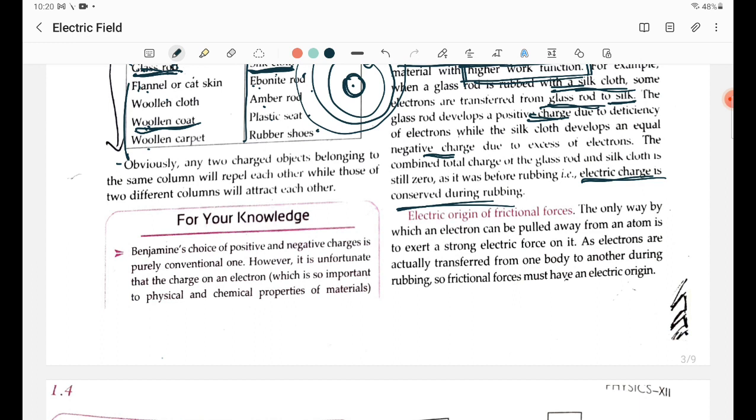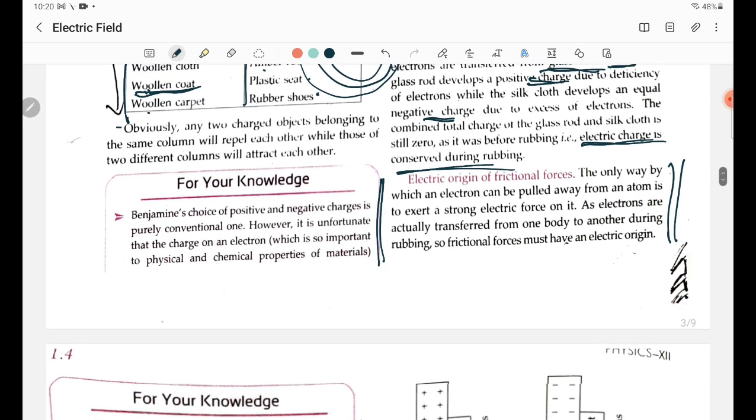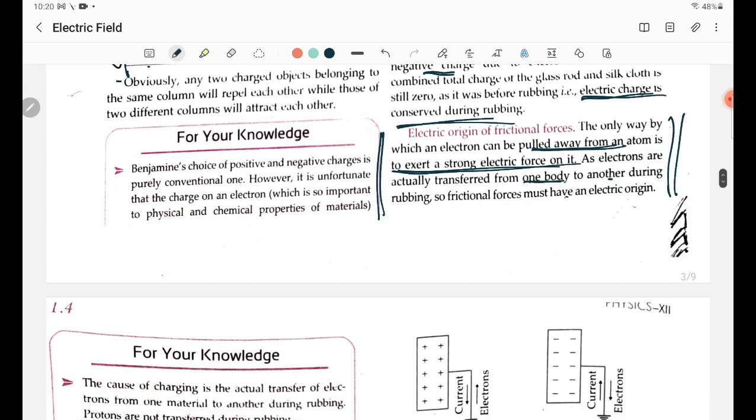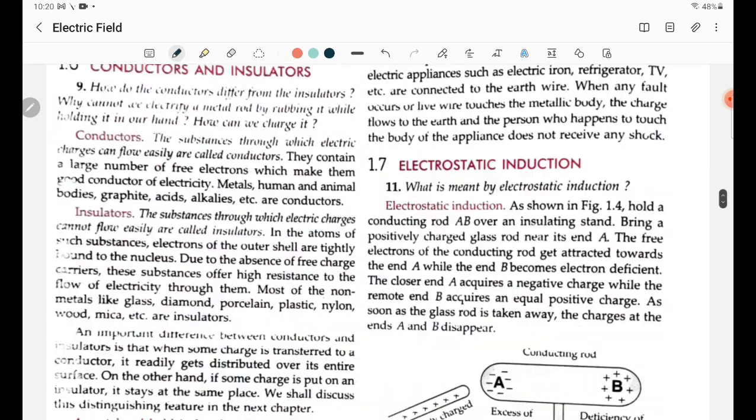See, this is a very interesting thing they have said. The electron is pulled away from one atom by a strong electric force, and goes from one body to another due to rubbing. So it must have an electric origin.